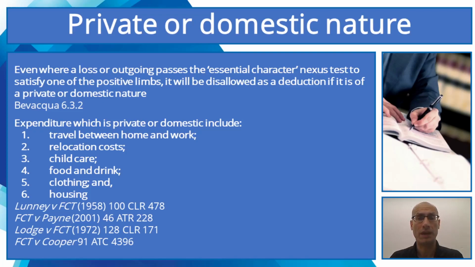That's where an employee is moving, because ultimately the courts have said that that process of moving, the expense to move, is essentially a preliminary series of steps that a person takes that's ultimately private or domestic in nature, to then put themselves in a position where they can go about deriving income from employment.